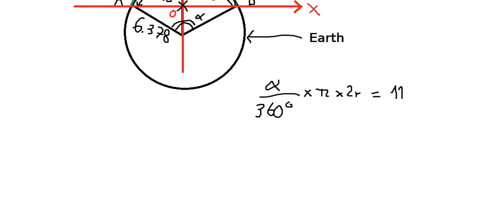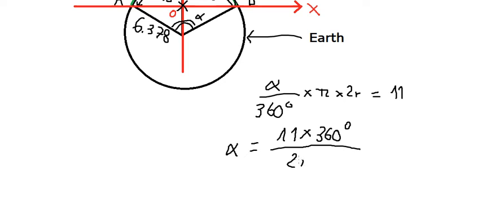So we can get alpha in here. That should be 11 multiplied by 360 degrees, divided by 2πr, and we simplify this one.